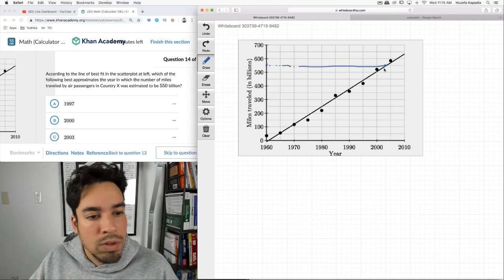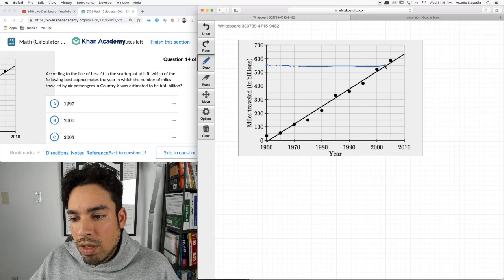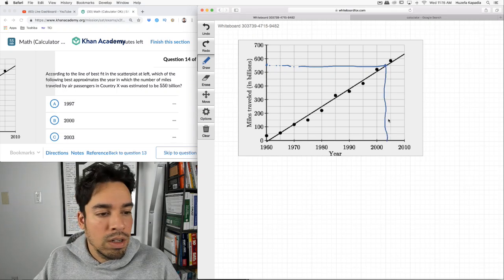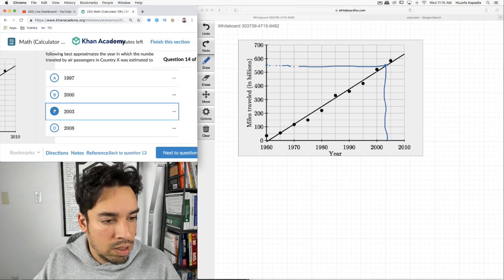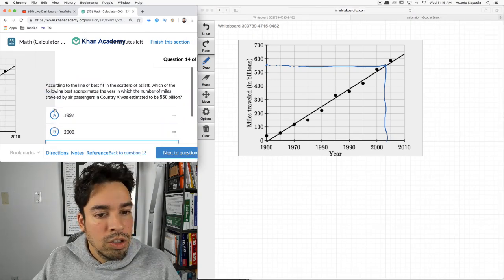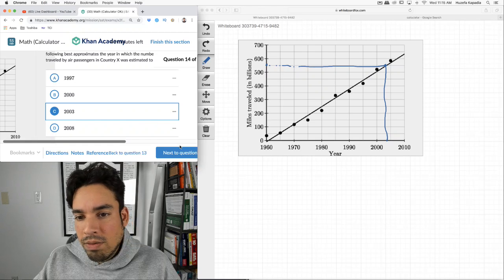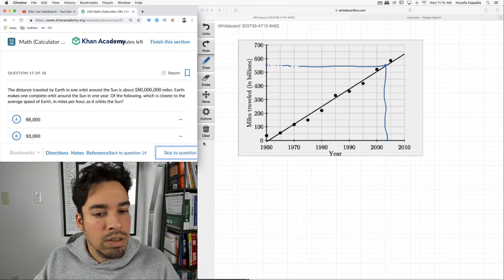Boom. Here's 2000. This is 2005. This looks like 2003, I'd say. That's it. Okay. Just basically reading the line of best fit. Very simple. Okay, next.